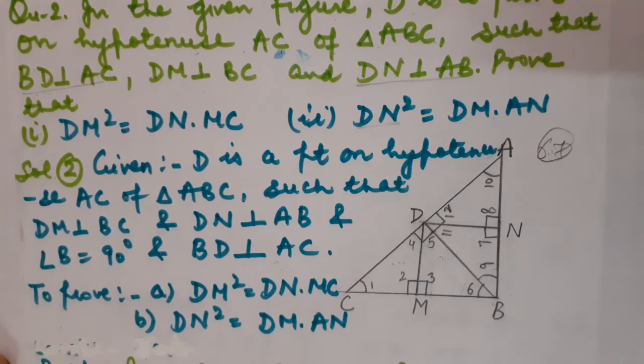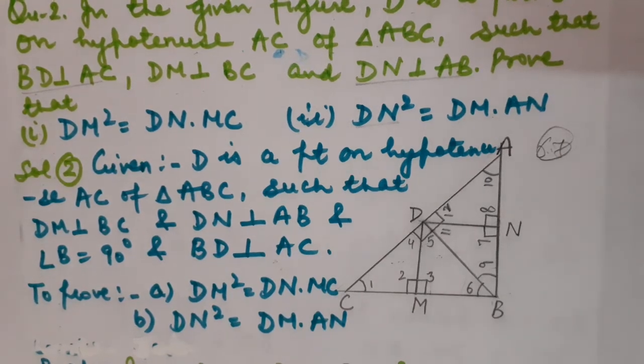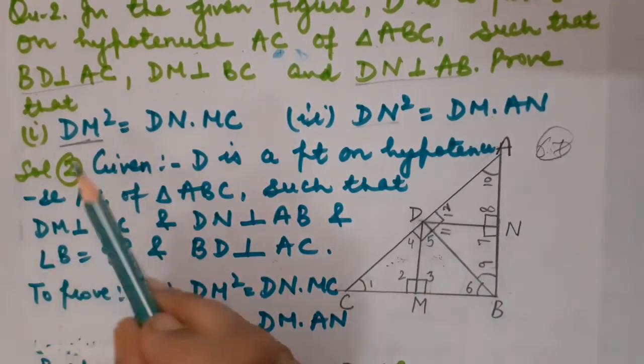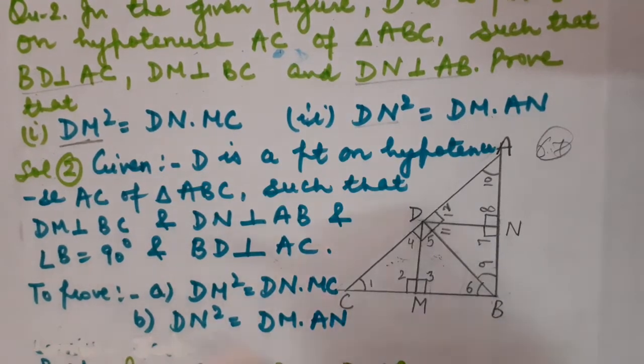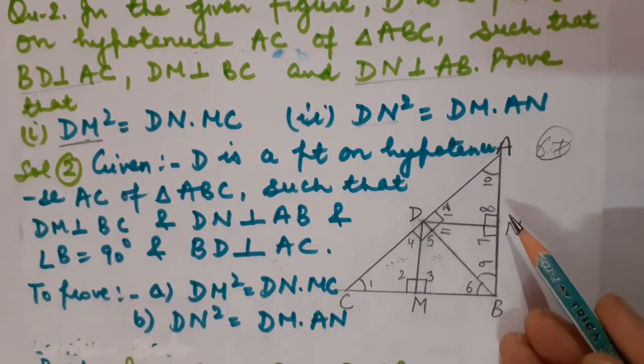In fact, I am going to make you recall the concept which I applied to prove theorem 6.7, because the same concept I am going to apply over here so that I can prove both of these smaller triangles as similar. Why do I want to prove them similar? Children, through this I got the clue that I want DM square. Means DM I want twice. So how can I get them twice?